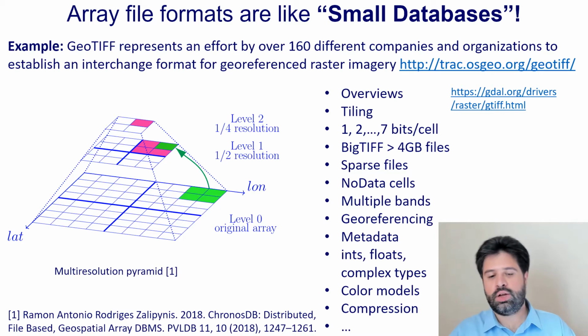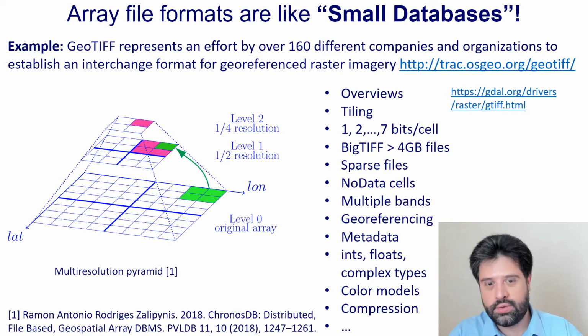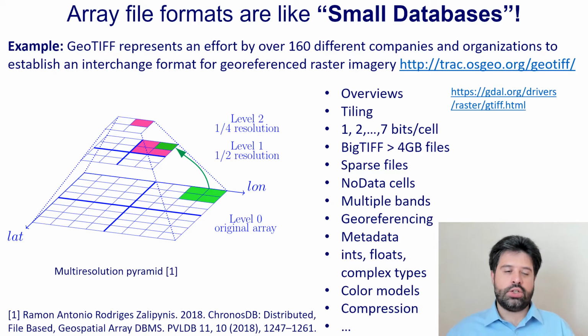It has a lot of capabilities, including overviews, that is, array instantiations for multiple zoom levels, tiling, varying number of bits per cell, support for large and sparse files, and so on. So the natural question arises, why not use these powerful storage containers directly as a storage layer of an ArrayDBMS?